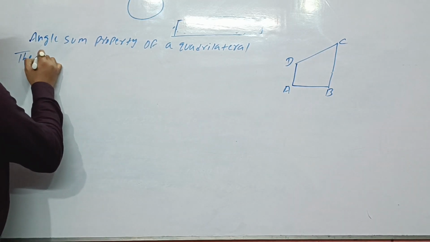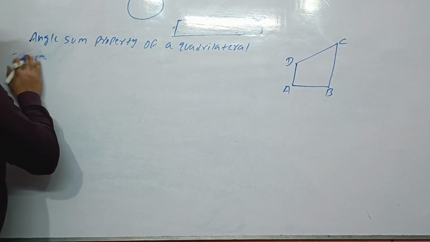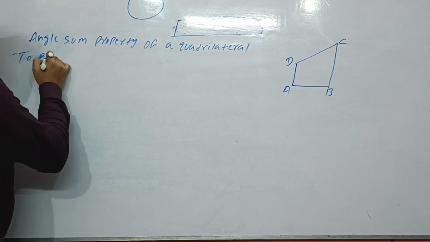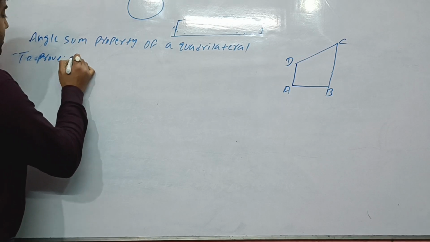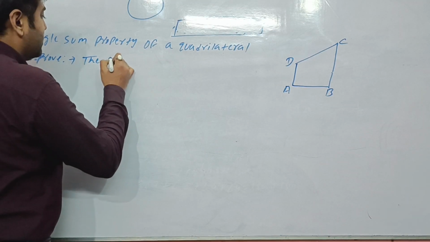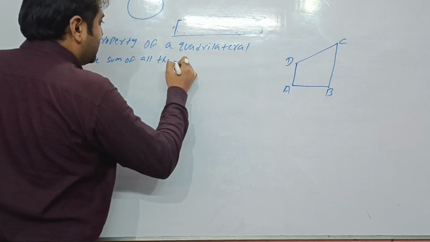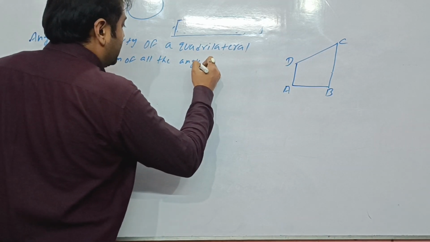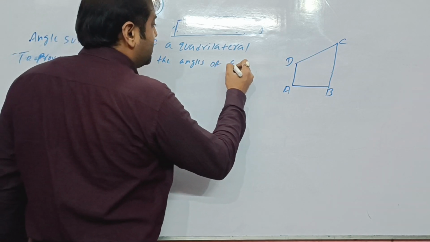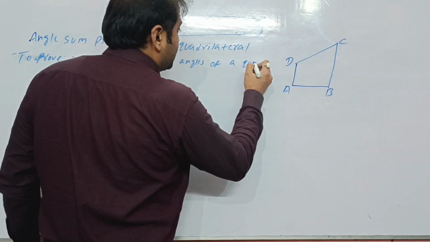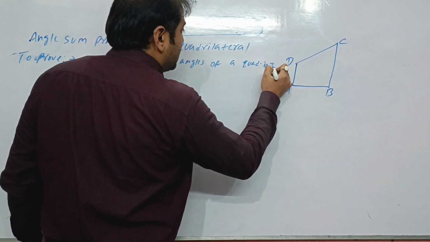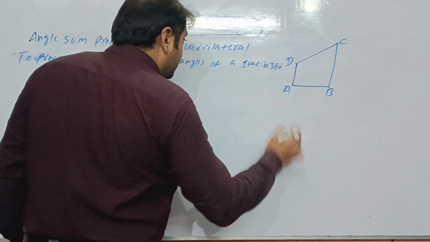Theorem, or to prove: what we have to prove here? The sum of all the angles of a quadrilateral is 360 degrees.